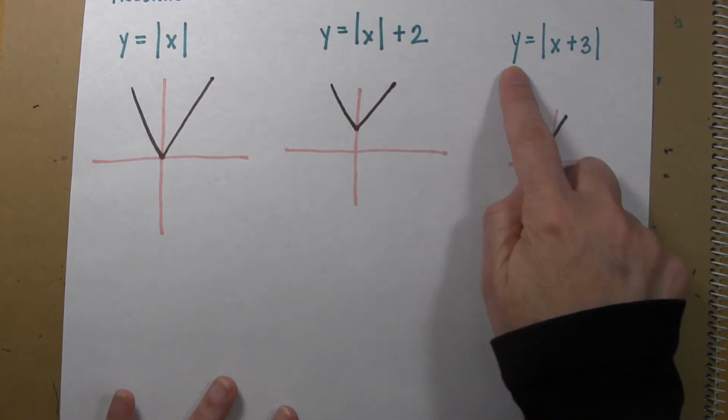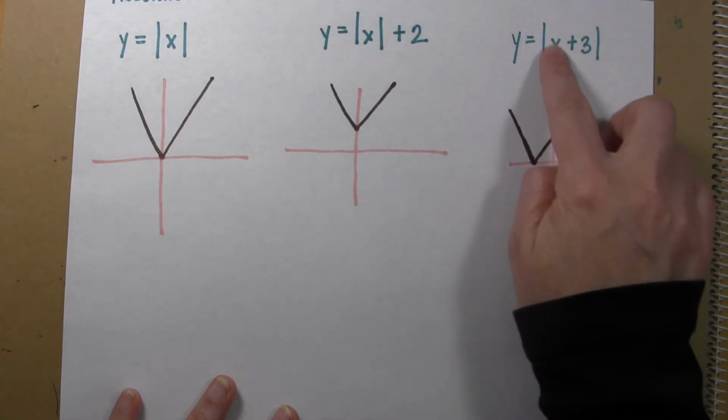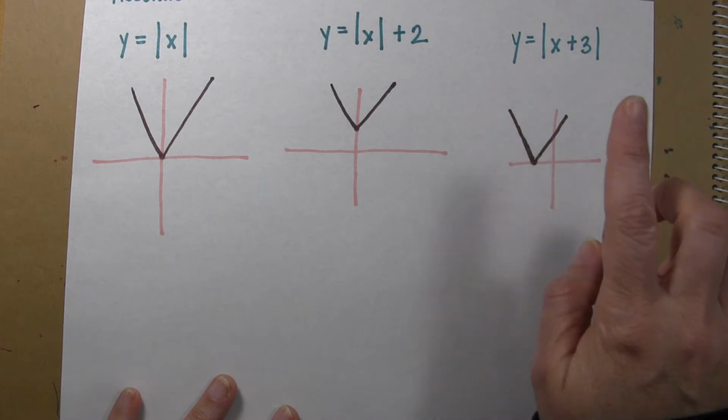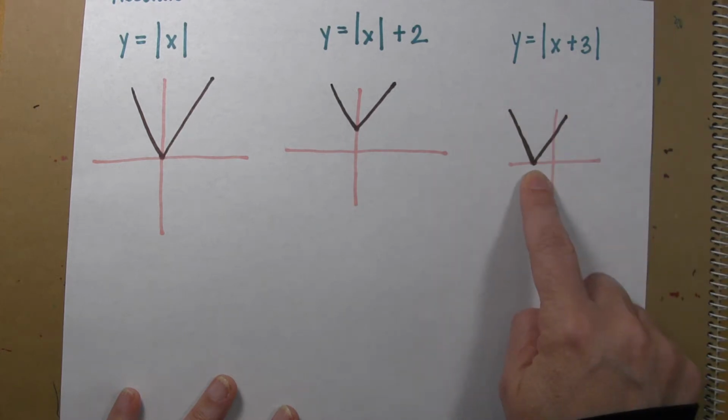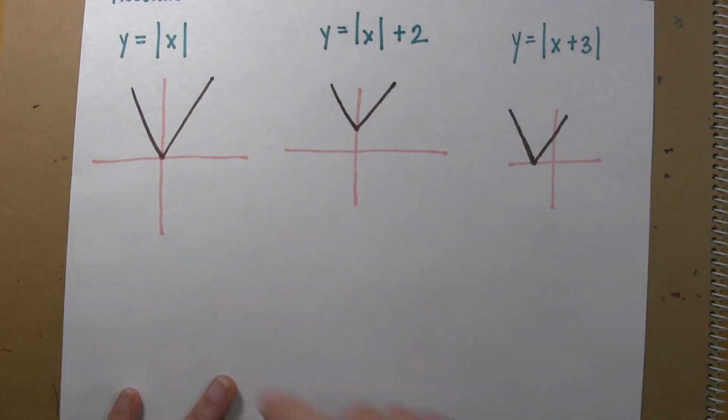And here we have y equals the absolute value of x plus 3, where all of x plus 3 is in the absolute value side. You will see that you still get a V shape. Again, it moves places on the graph, but it's still a V.